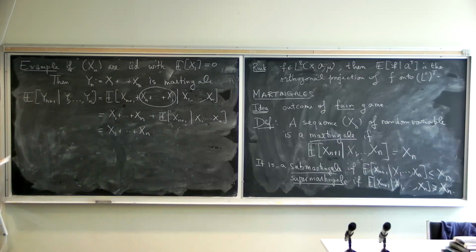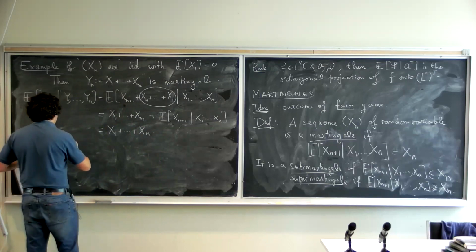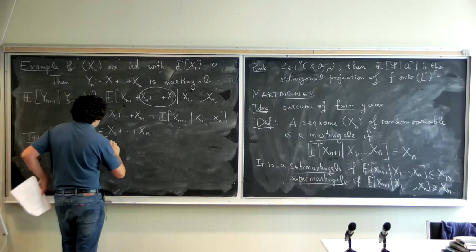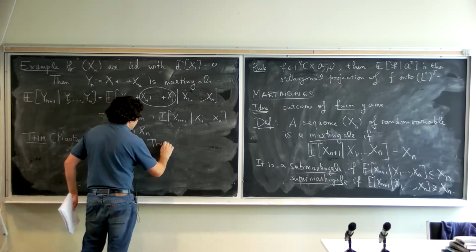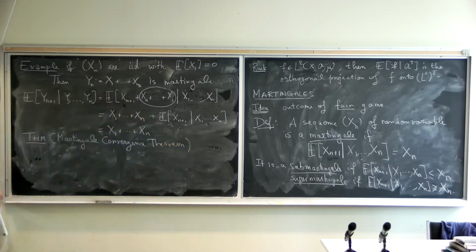So okay, now basically we can give the statement of the martingale convergence theorem, which, as I said, in a way is the last ergodic theorem that we're going to discuss, because it's not quite in the same setting as ergodic theorems, but it has lots of similarities.